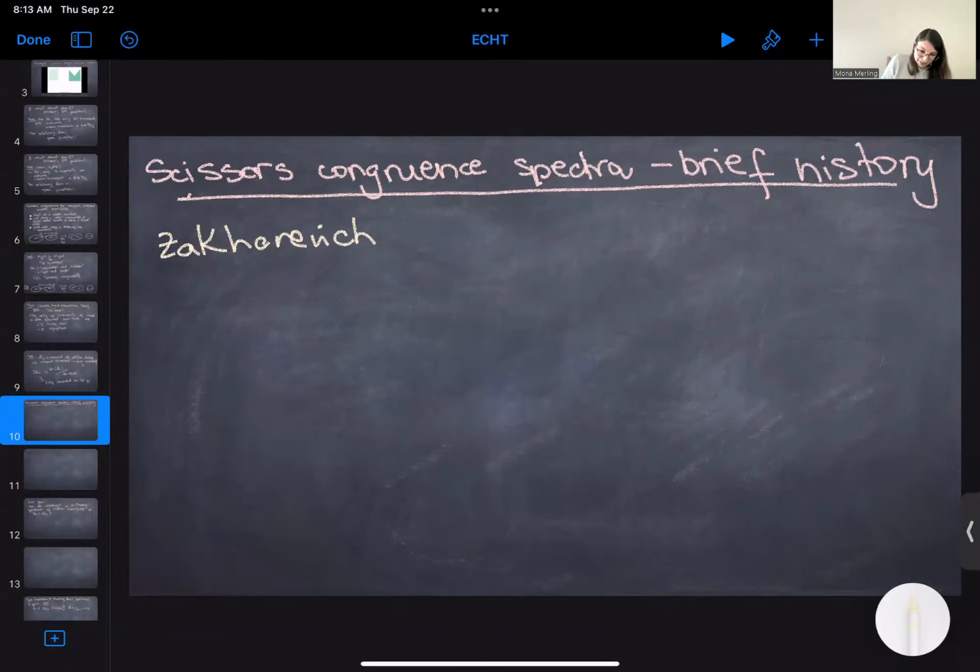In case you don't know the story, I think she was literally teaching little kids scissors congruence in the plane in math circles, and at the same time learning K-theory, and realizing that these relations you want to mod out by really do look like K-theory. So she tweaked and reinvented the definitions of K-theory, and she defines a scissors congruence K-theory spectrum.